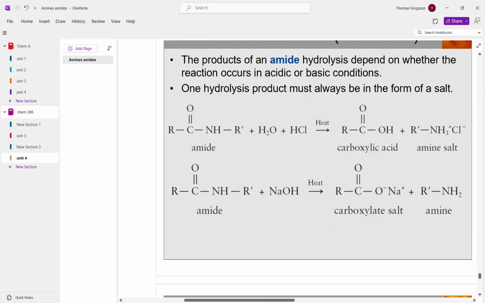So if the amide is in an acidic environment, you'll end up with the amine salt and the acid. If it's in an alkaline environment, you end up with the acid salt and the non-ionic amine. Okay, so in your stomach, is that an acidic environment or an alkaline environment?